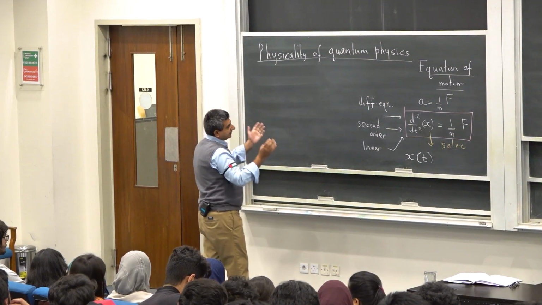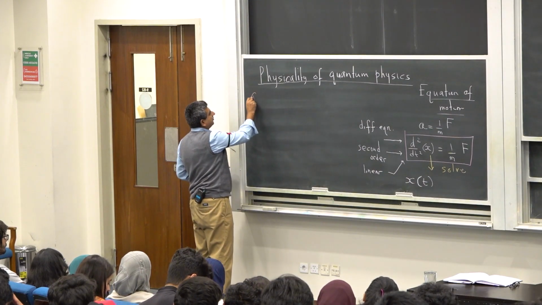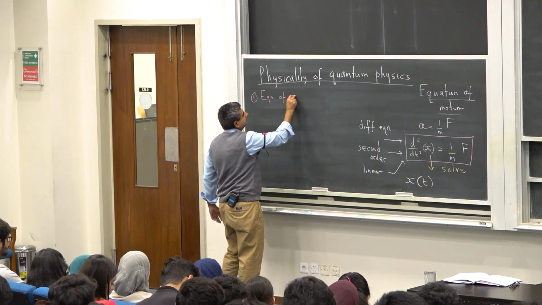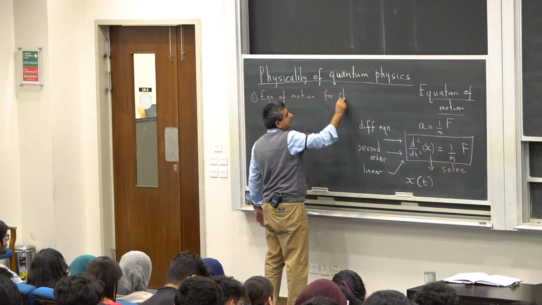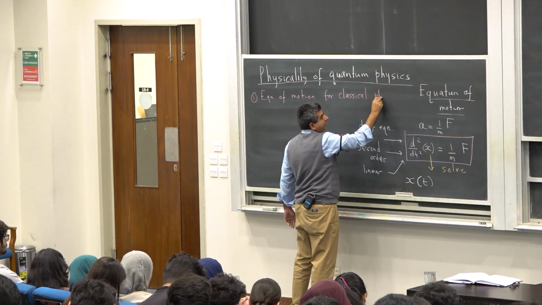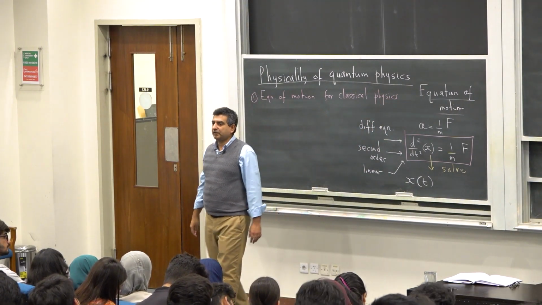In any classical system, so I'm talking about the equation of motion for classical systems. So this is not quantum physics, but it actually kind of is related to quantum physics.